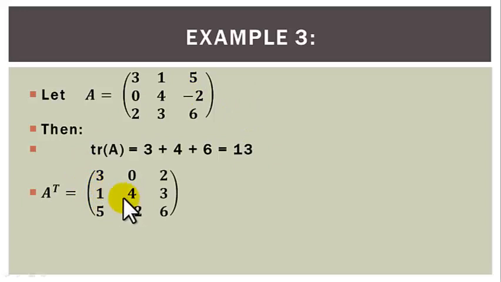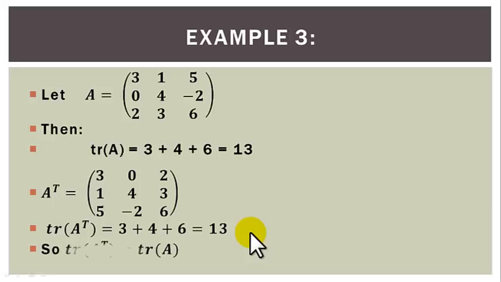Also, the trace of A transpose is equal to 3 plus 4 plus 6, which is 13. This therefore implies that transposing a matrix does not change the trace of that matrix. That is, the trace of A transpose is equal to the trace of A.